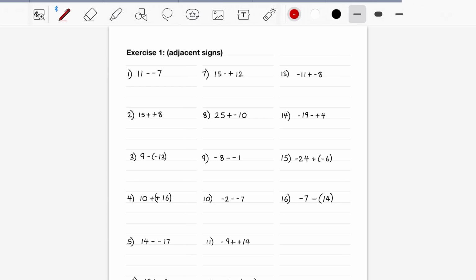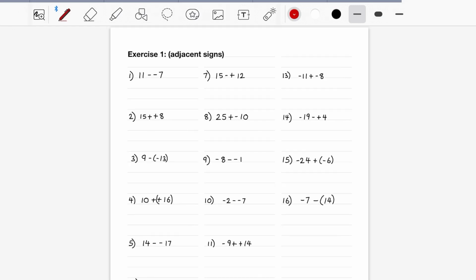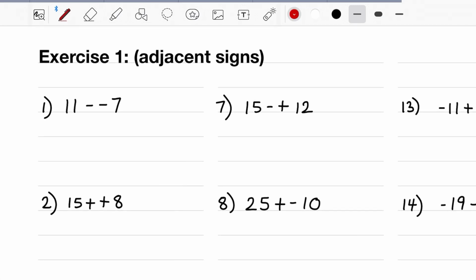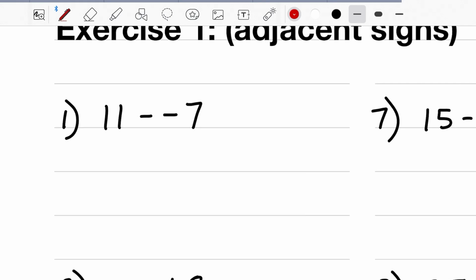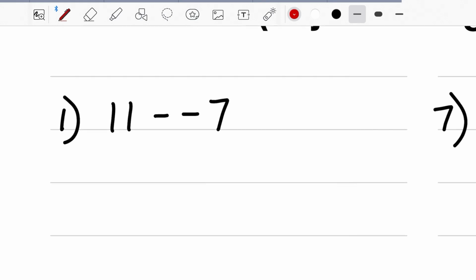Okay, so let's get into the solutions. For question 1, we have 11 minus minus 7. So this would simplify to, the signs are the same, so it simplifies to 11 plus 7, which you can evaluate as 18.